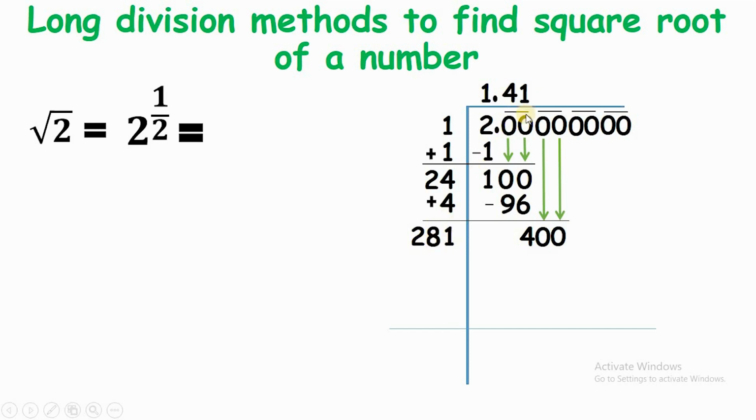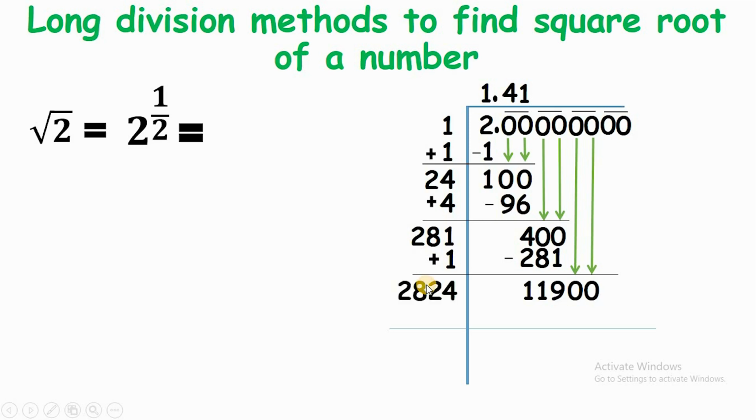So 281 into 1 is 281. So subtract it, you'll get 119. And then again you take 2 zeros down. And then here we are in the unit place, we have 1. So you have to add 1 over here. It becomes 282.